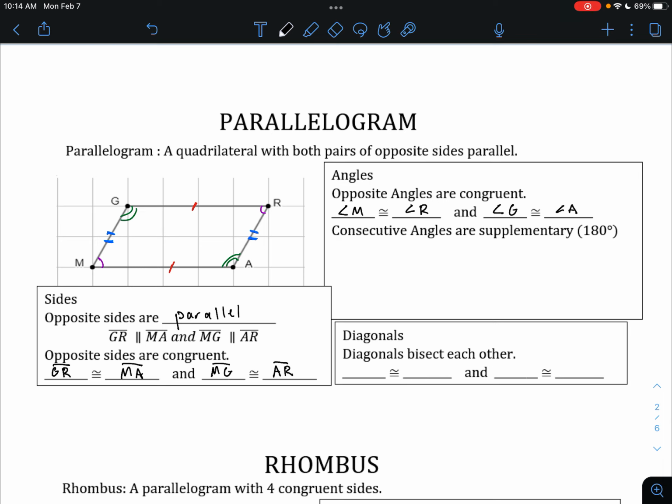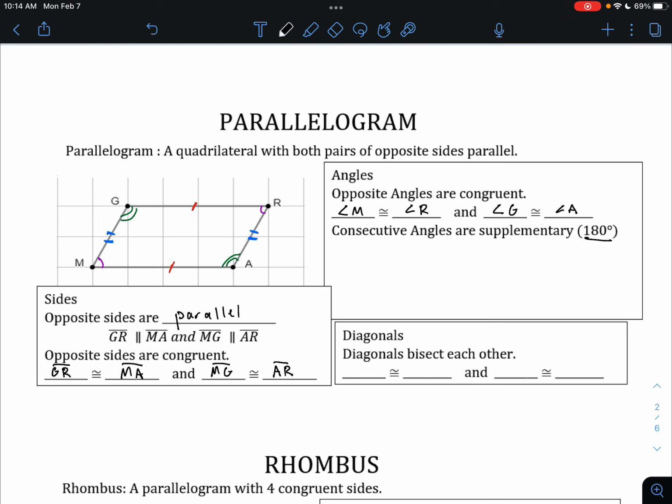Now, the next thing we know is that consecutive angles are supplementary. If you remember from all the way back in the very first unit, supplementary means that the angles add up to 180 degrees. So each pair adds up to 180 degrees, and that's consecutive angles. Consecutive angles are just angles that are directly next to each other.